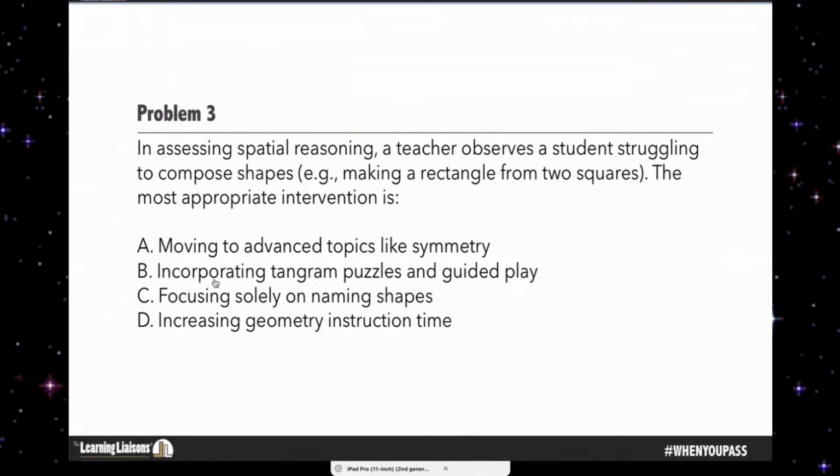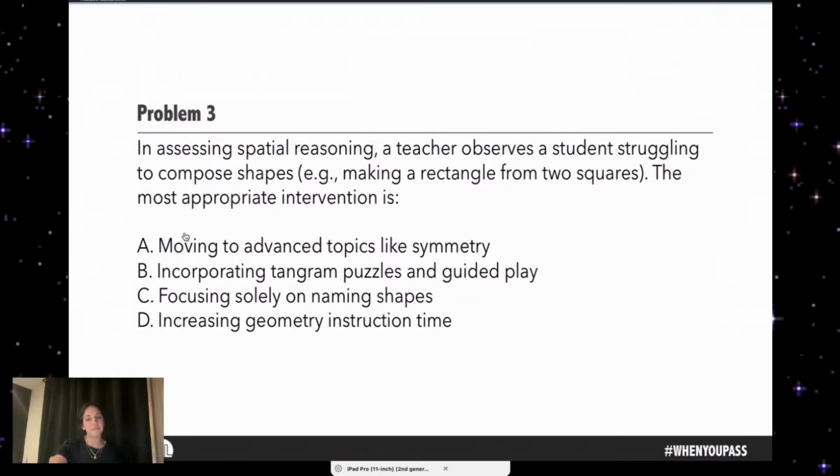In assessing spatial reasoning, a teacher observes a student struggling to compose shapes. Example, making a rectangle from 2 squares. The most appropriate intervention is: moving to advanced topics like symmetry, incorporating tangram puzzles and guided play, focusing solely on naming shapes, or increasing geometry instruction time.